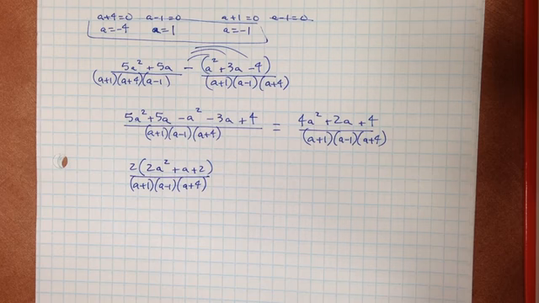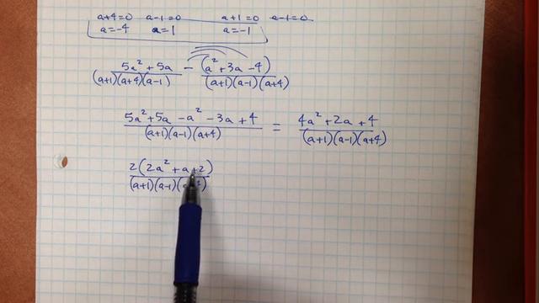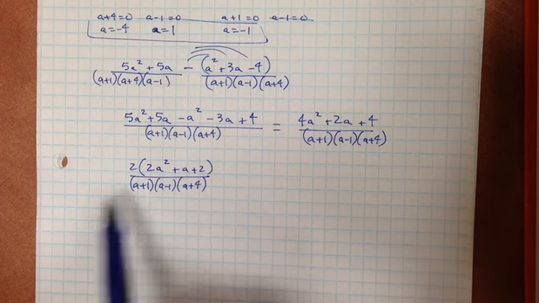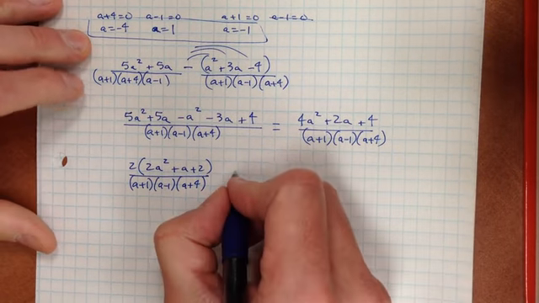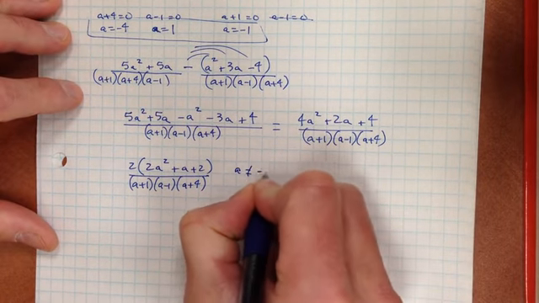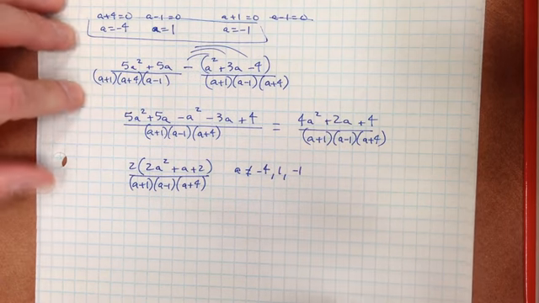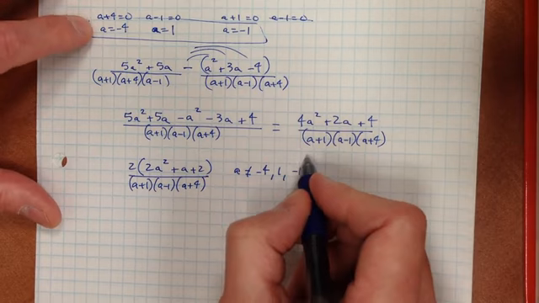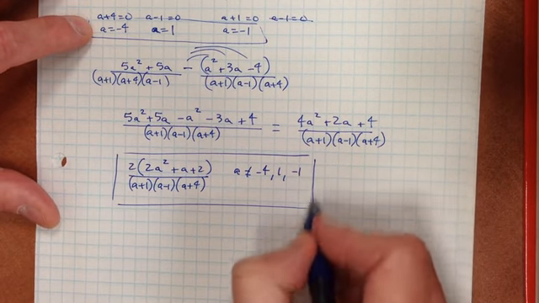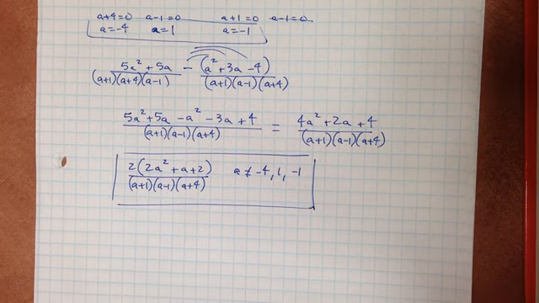So we are essentially done. You would check to see if this factors and any one of those factors cancels down here. Not the case. A cannot be negative 4, 1, or negative 1, your excluded values from right up here. There you go. See you later.